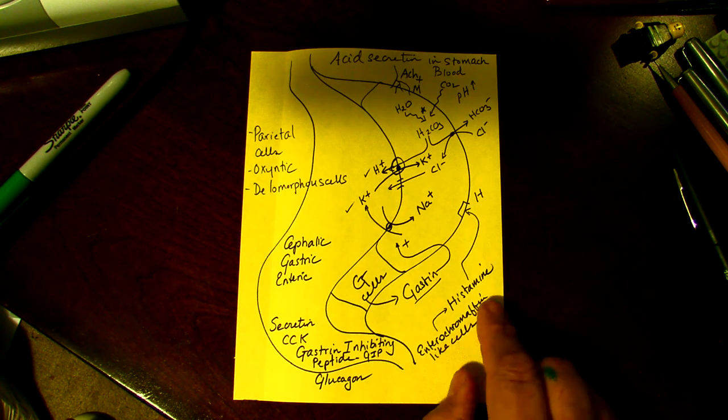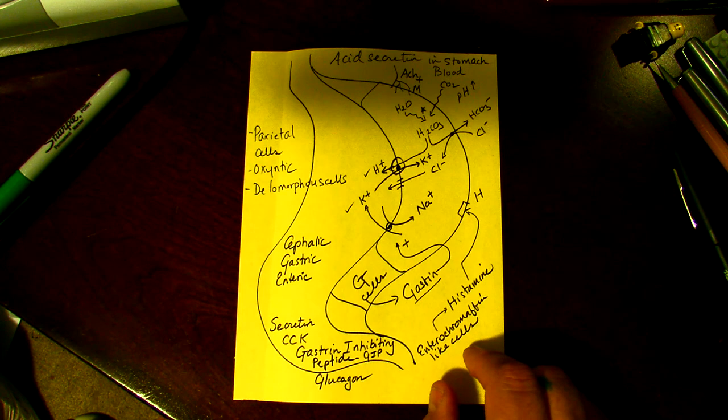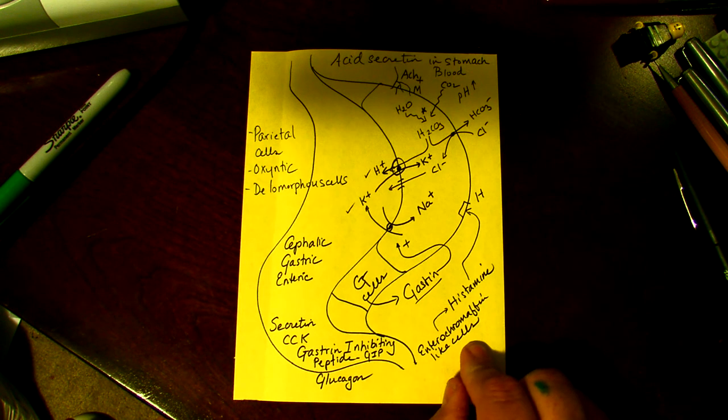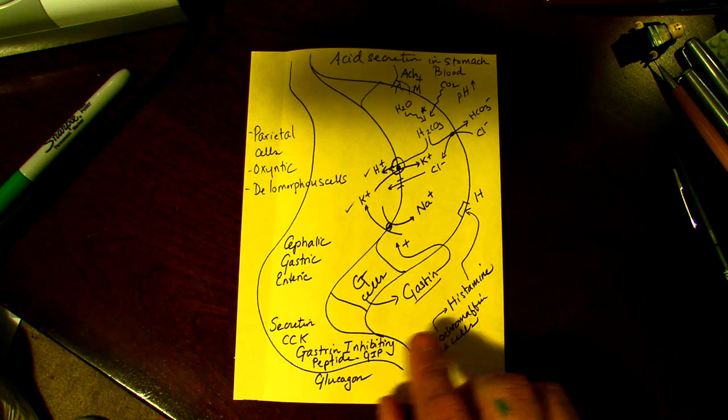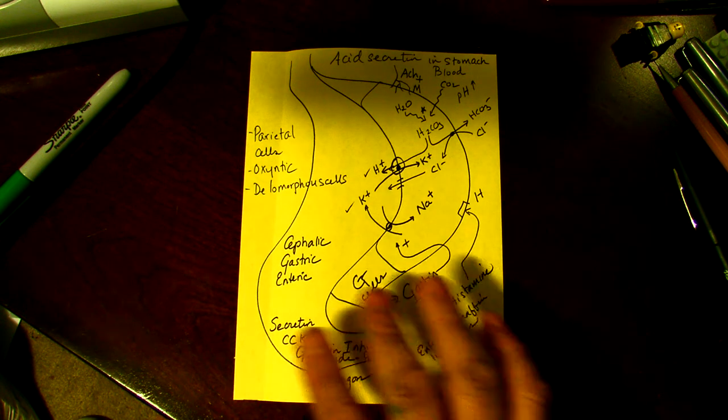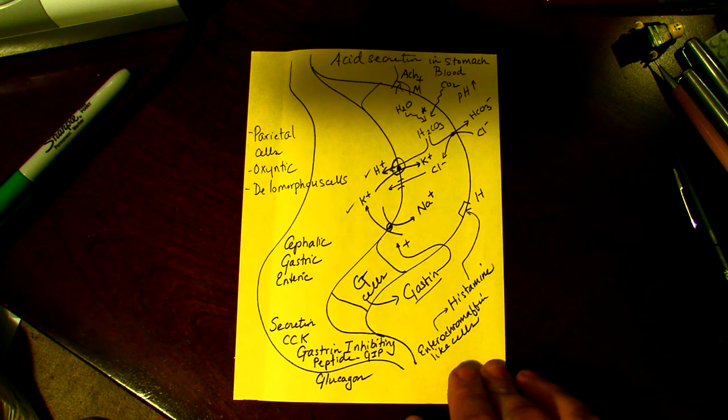Now, these enterochromaffin-like cells, or ECL cells, are reminiscent of neuroendocrine cells, let's say of the hypothalamus and the neurohypophysis, but these are located in some parts of the stomach mucosa as well as in the intestines.